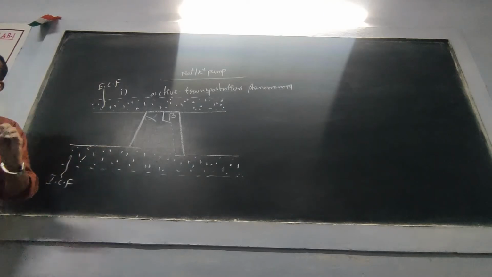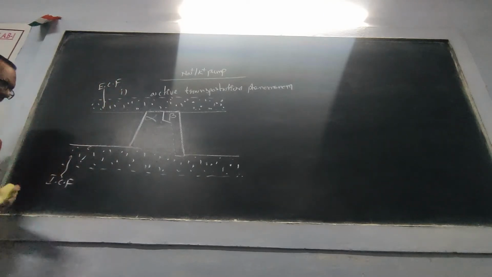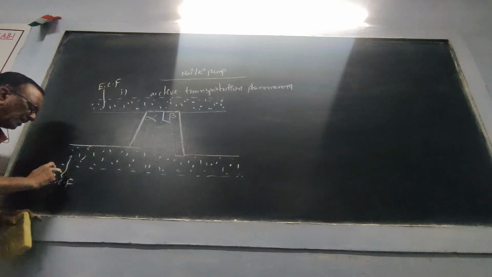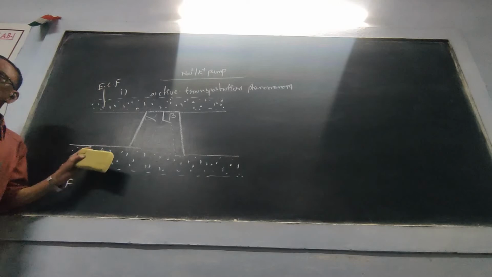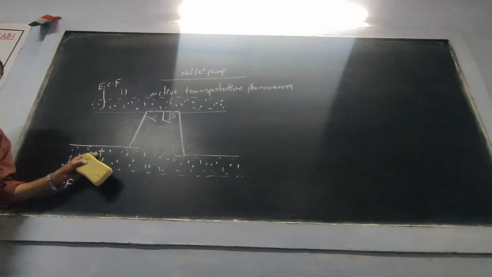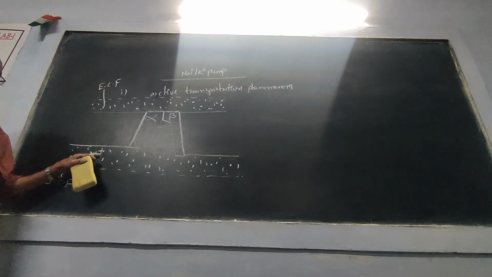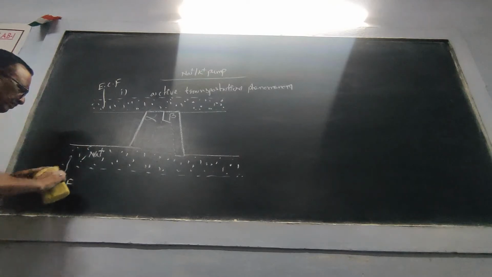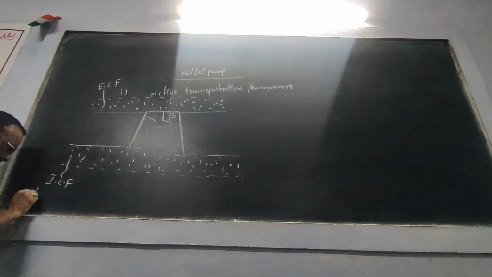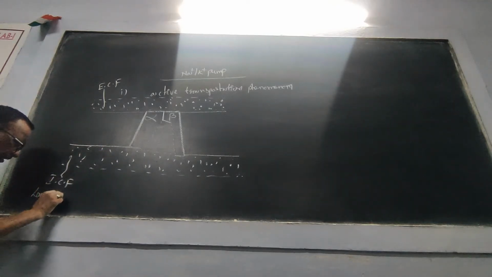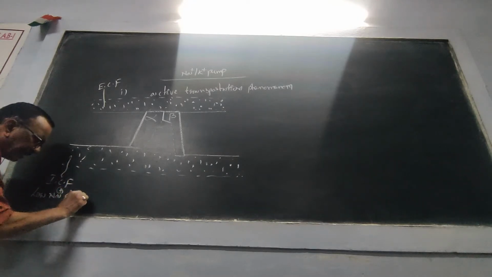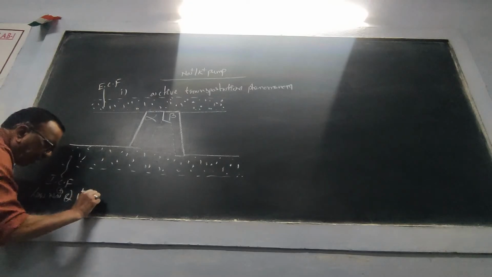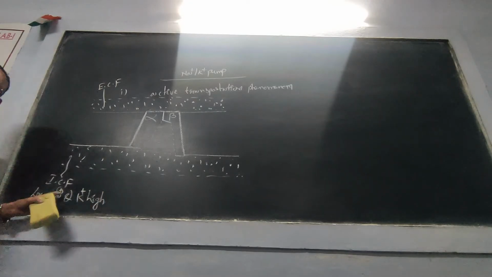Now we must represent the ions. Generally in the intracellular fluid, the sodium concentration is low, so here I will write low sodium ion concentration and high potassium ion concentration.